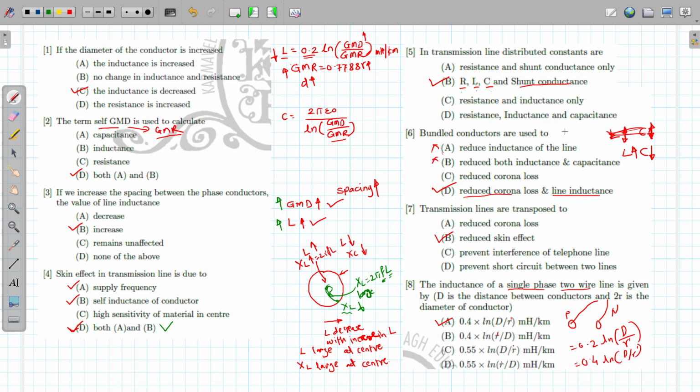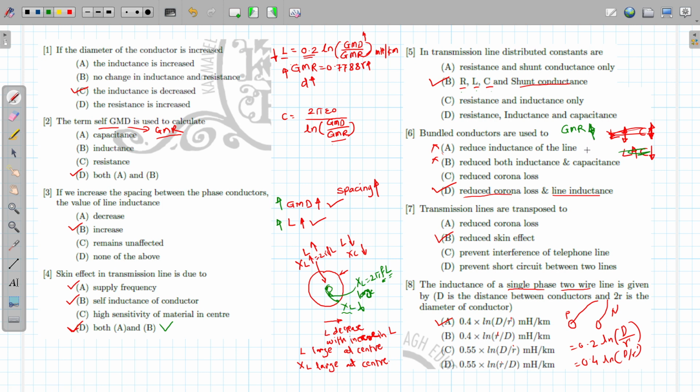If we use the bundled conductor, the value of the GMR, geometrical mean radius, is increased.